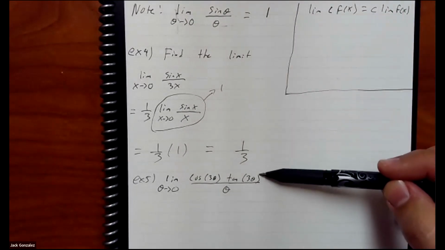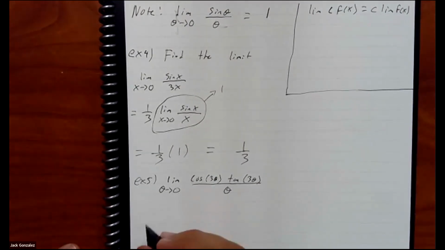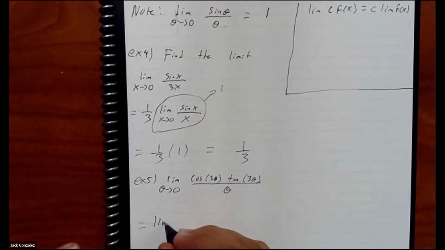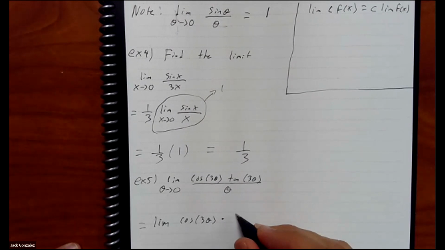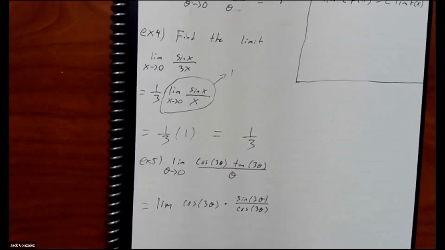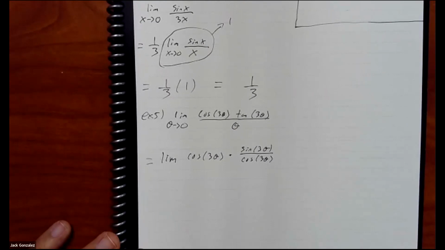So change the tangent. This tangent will become sine of 3 theta over cosine of 3 theta. The definition of tangent is sine over cosine, right?